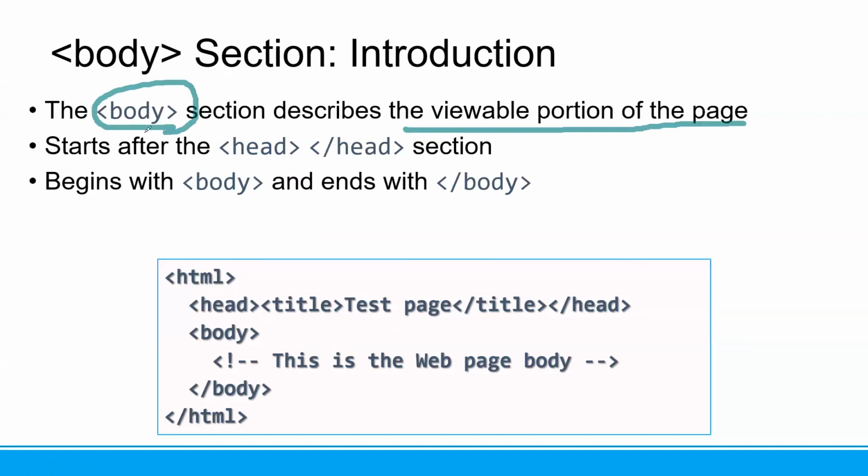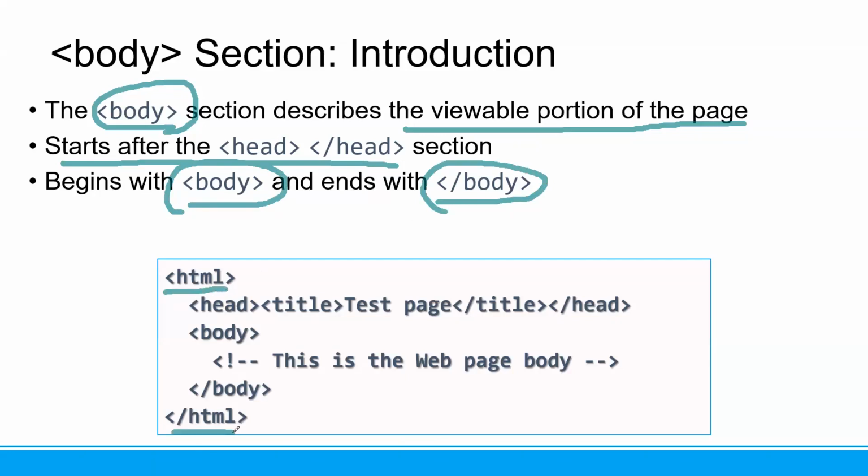The body section starts after the head section. Last week, we learned about the head section. And because it is an HTML tag, it begins with body and ends with slash body. You already know we start with HTML and end with slash HTML.